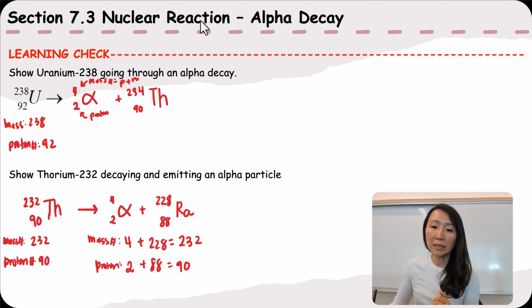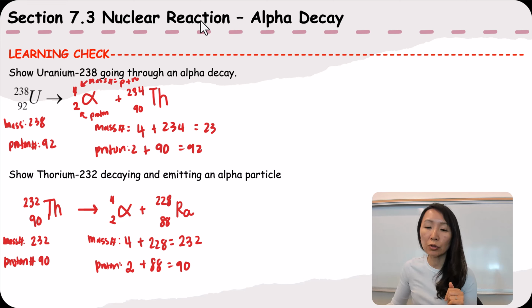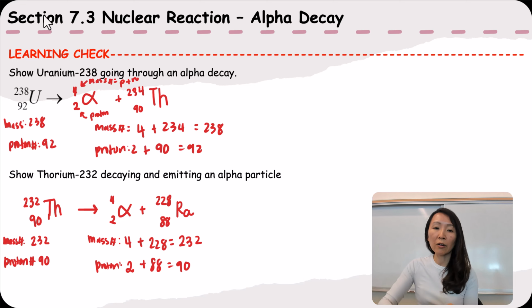Well, on the right side of the equation, the mass number from the alpha particle is 4, and then you have the thorium, which is 234, and then for proton, you have 2 protons plus the thorium 90, that gives me 92, and the top 238. So you see how the 238, 92, and 92 match.